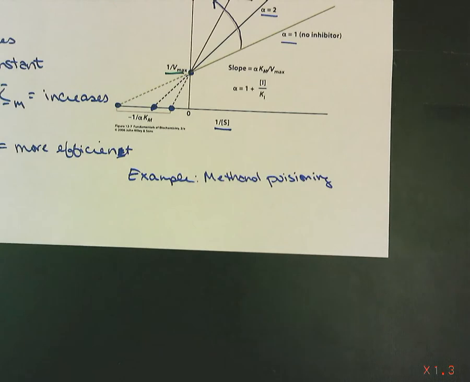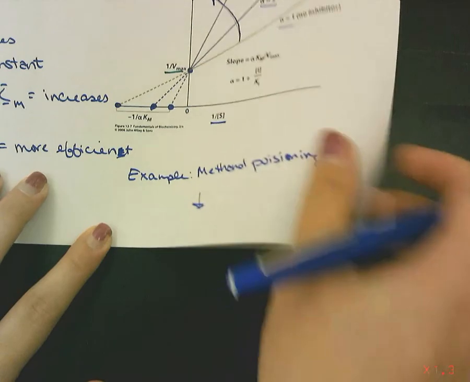So my example of a competitive inhibitor is going to be an example of methanol poisoning. I'm going to finish my story on the back because I didn't leave myself enough space.